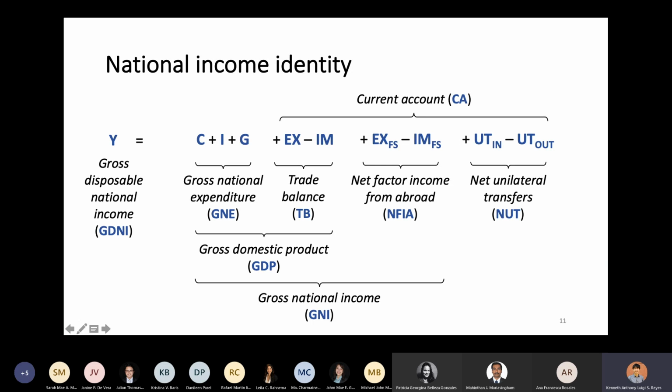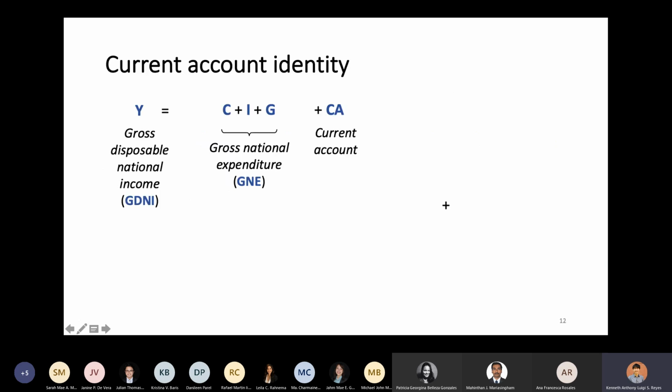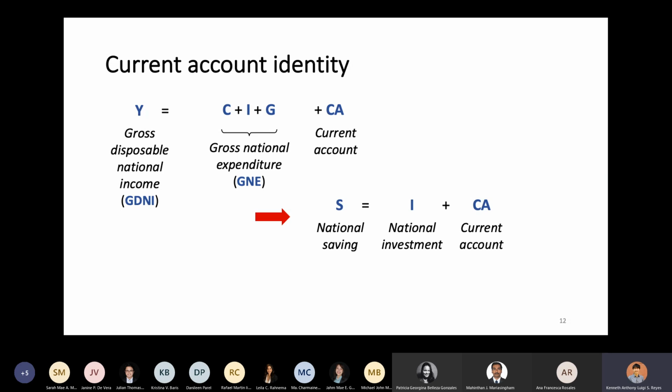We can simplify this equation by replacing it with CA. So we get the very straightforward identity that the gross disposable national income is equal to gross national expenditure plus the current account balance. We can also rearrange this equation by transferring these to the other side by subtracting it to get national saving.